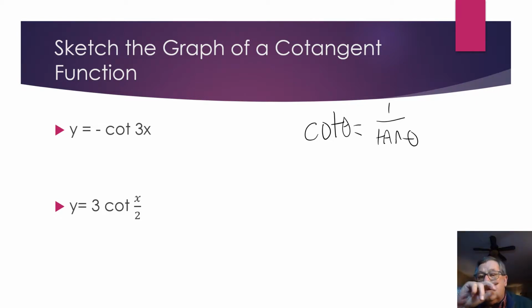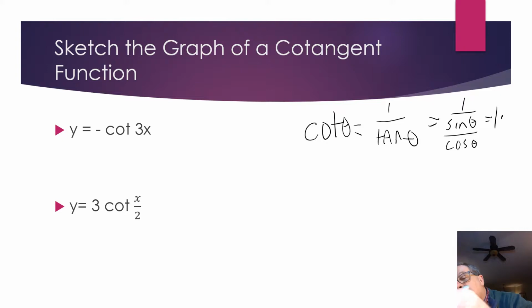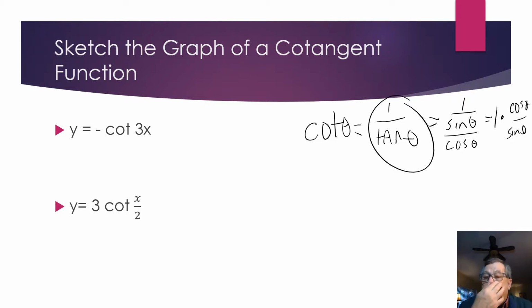So if the tangent of theta is the sine of theta over the cosine of theta, then that's 1 times the reciprocal, so we get the cosine of theta over the sine of theta, just how we defined it. And this 1 over the tangent of theta is how we're going to graph that using our graphing calculator.